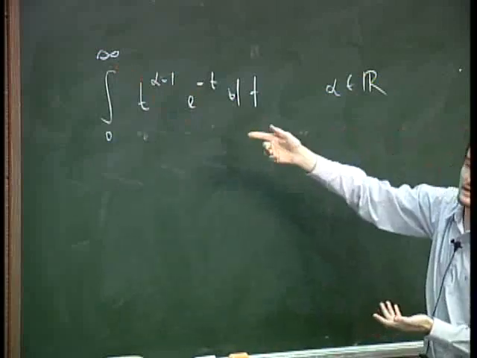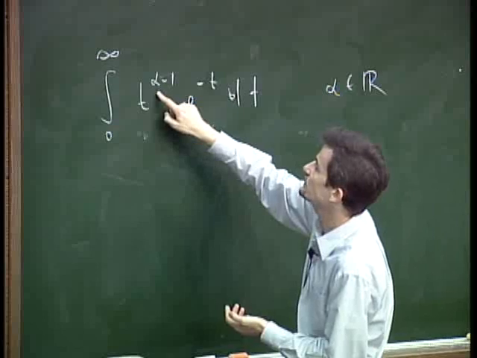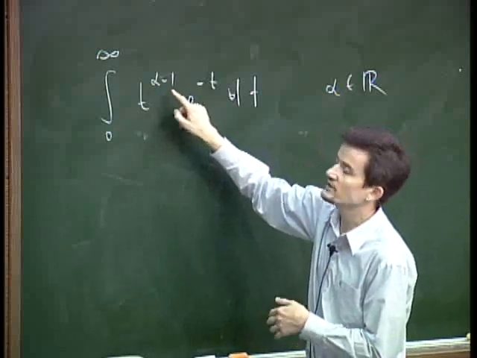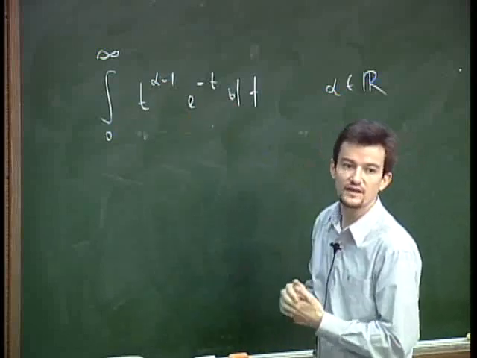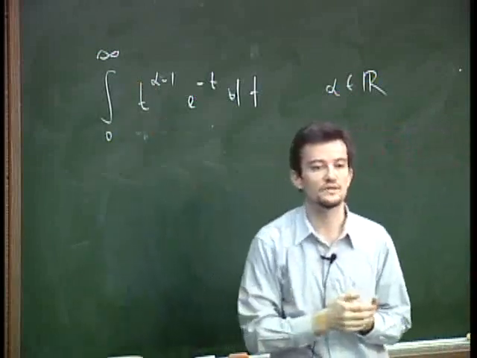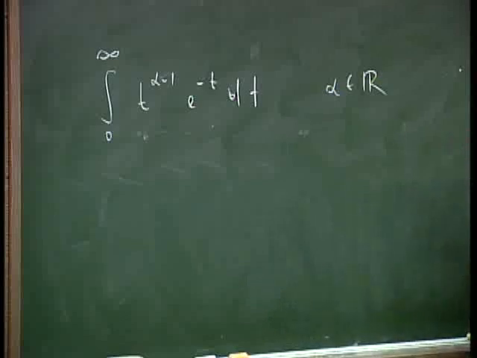If alpha is larger or equal than 1, there is no problem. But if alpha is smaller than 1, you have both. So the question is, for which alpha does this integral converge?